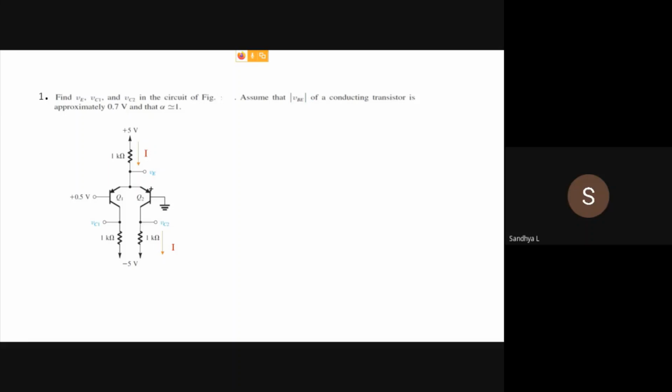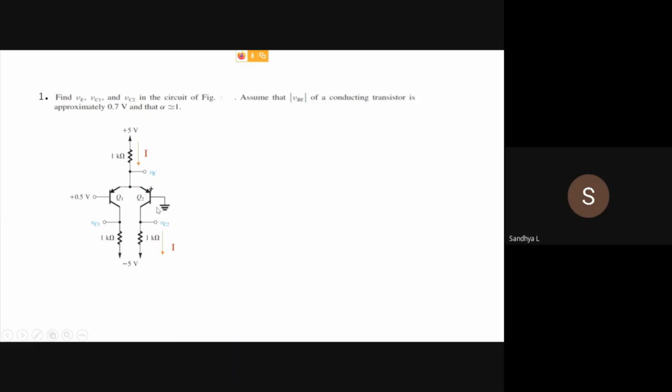The value is 0.7. So in this case, it will be minus; plus is already put there.